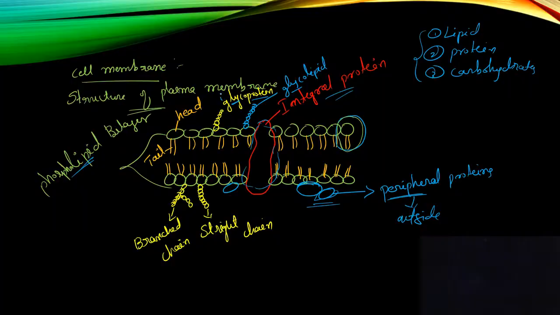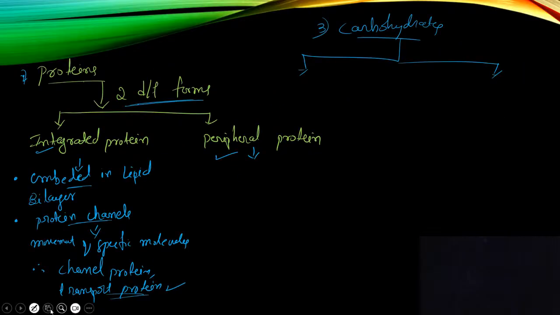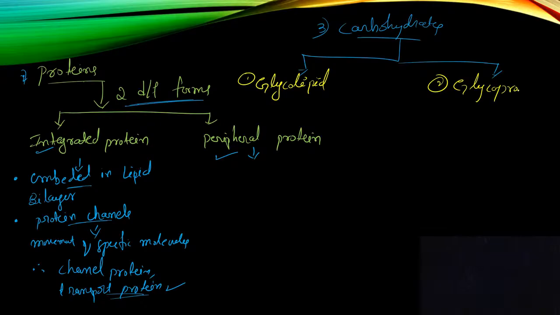You can observe here, the first one is glycolipid, the second one is glycoprotein. These are the two different forms of the carbohydrates.